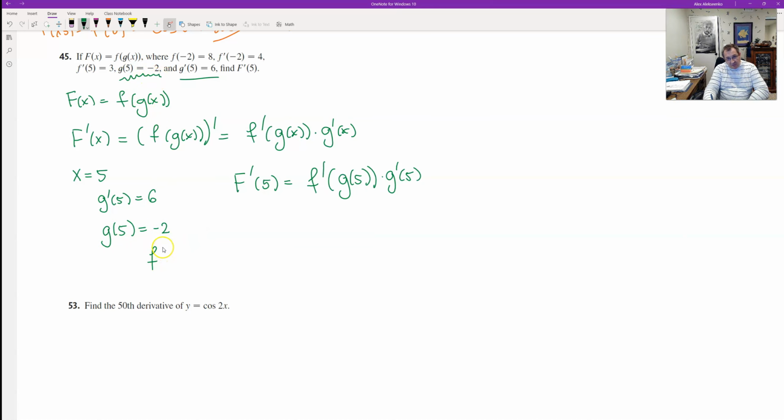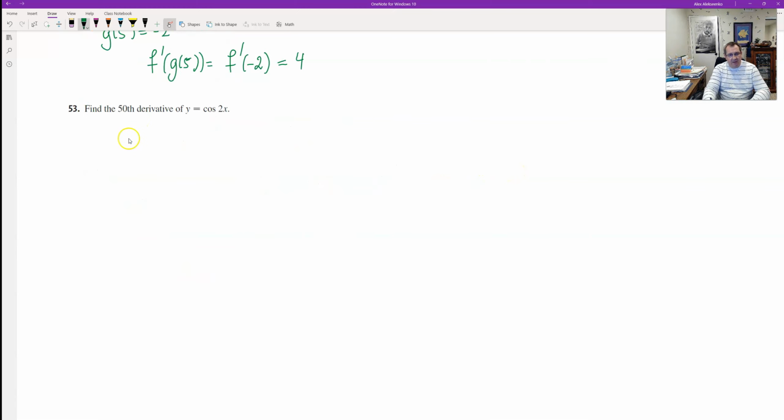So when I need to evaluate f prime of g of 5, I am actually looking at f prime evaluated at -2. We do have that piece of information. F prime at -2 is equal to 4. So the first term is 4. The second term is 6. Altogether, 24.